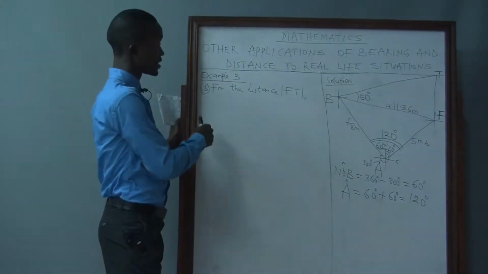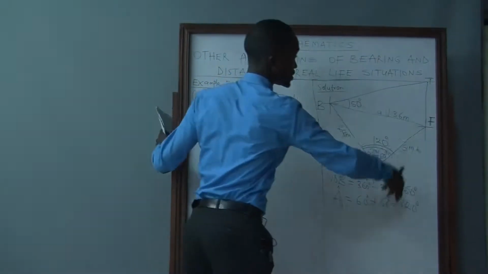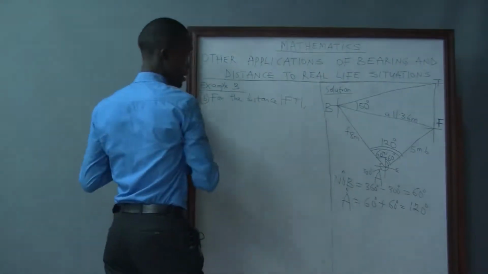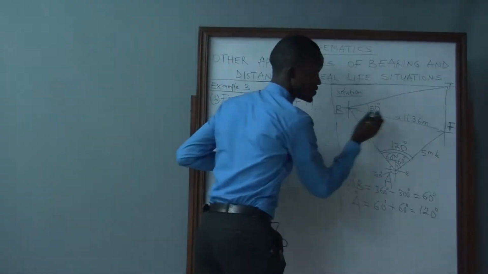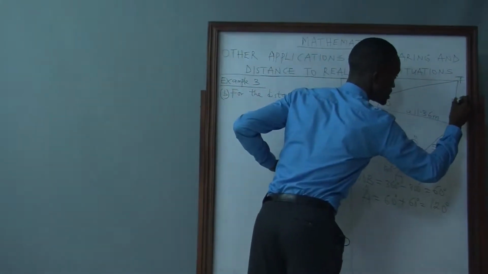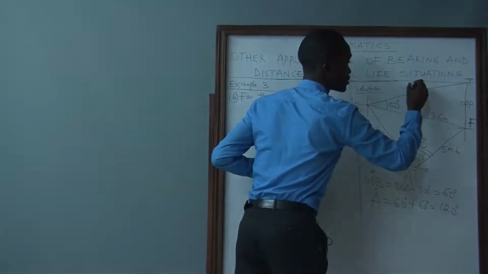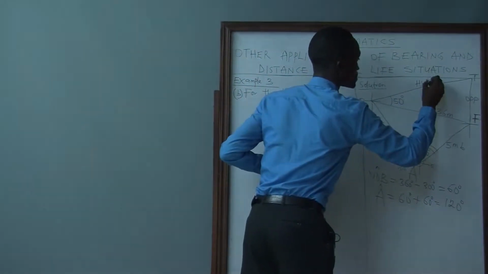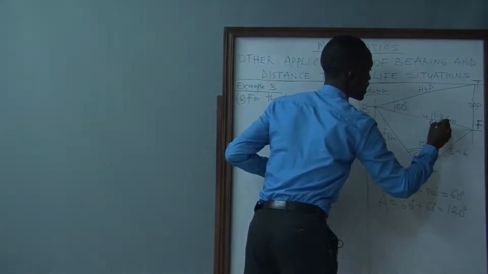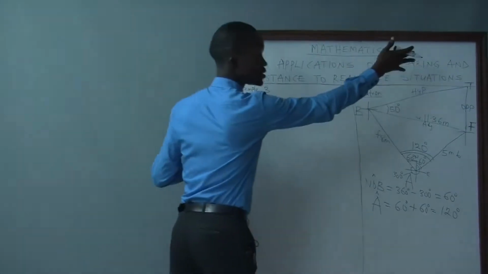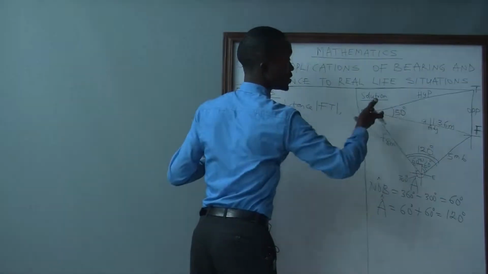So the second part is asking us for the length of the pole. That is FT. This is the angle we are given, 50 degrees. The side facing it is opposite. The longest side, if we look at that triangle, is the hypotenuse, and this one is adjacent. The one we are looking for, which is FT, is the opposite side, and the one we are given is adjacent.